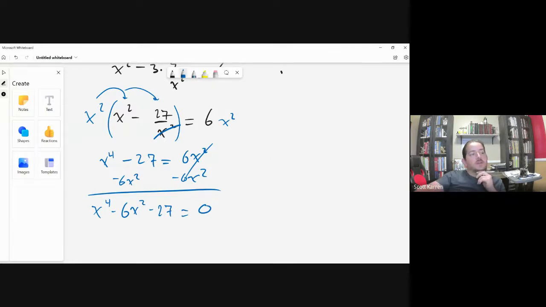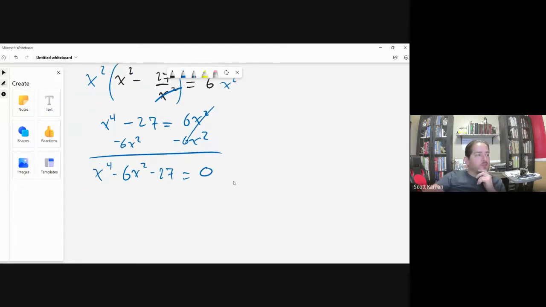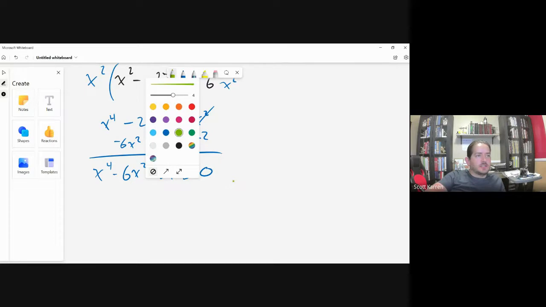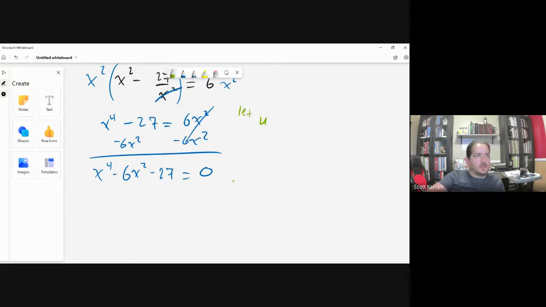Right? And I can factor this because of x to the 4th. A lot of people like to call it a u substitution. Let's just let u be equal to x squared, because I have this x to the 4th, which is x squared squared, and x squared.